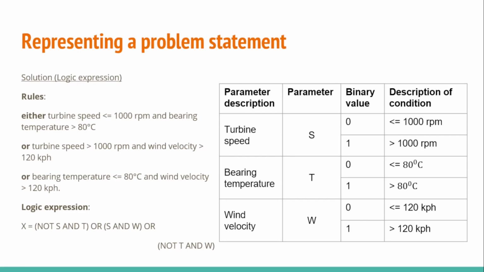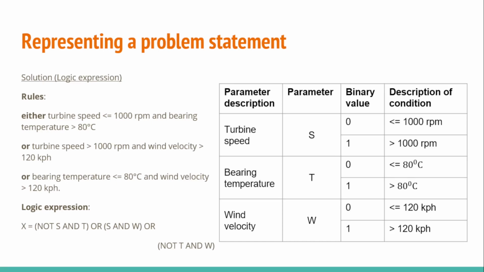Now we have our rules, and we are going to painstakingly match them accordingly. Let's look at this. The first rule states turbine speed is less than or equal to 1000 rpm and bearing temperature is greater than 80 degrees Celsius.